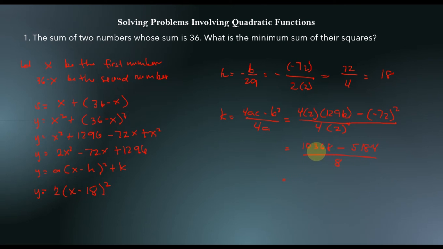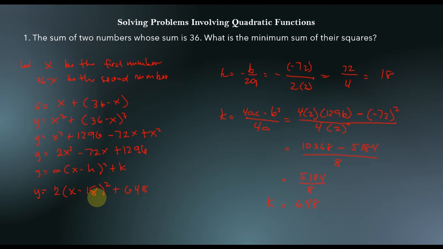Dividing 5,184 by 8, you'll get 648. So this is the value of your k, so plus 648.